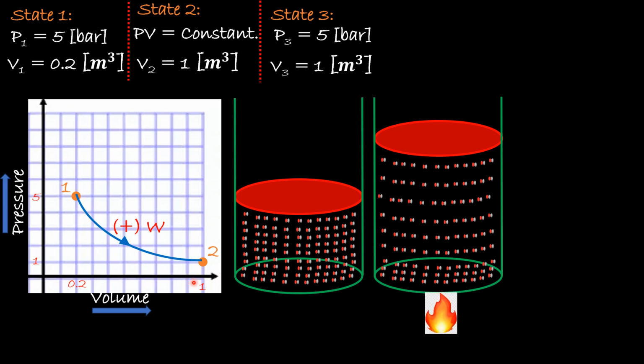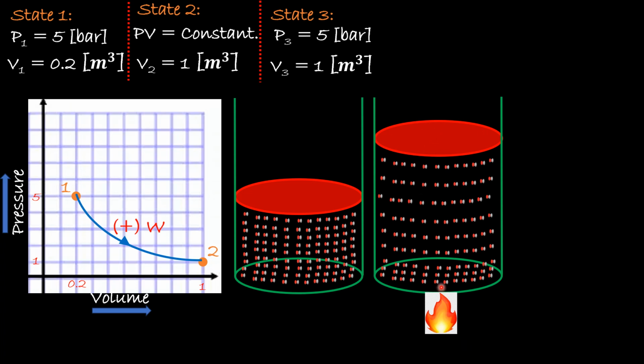Now, in the second process, it tells us that we will have a constant volume where the pressure increases. And it tells us that we introduced heating. And that's what we did in here. So in here, the pressure is 1 bar. We increase the pressure by adding heat instead of applying the piston pressure on the gas.